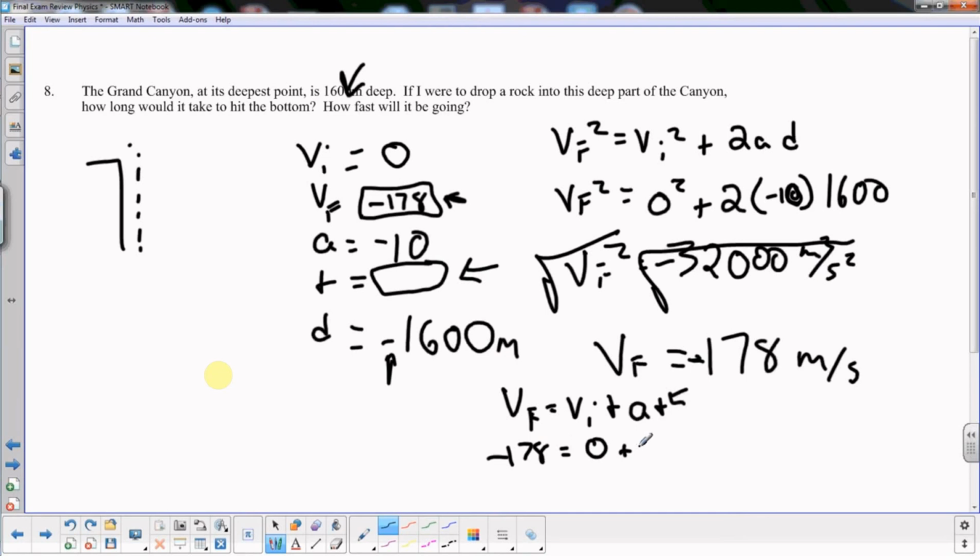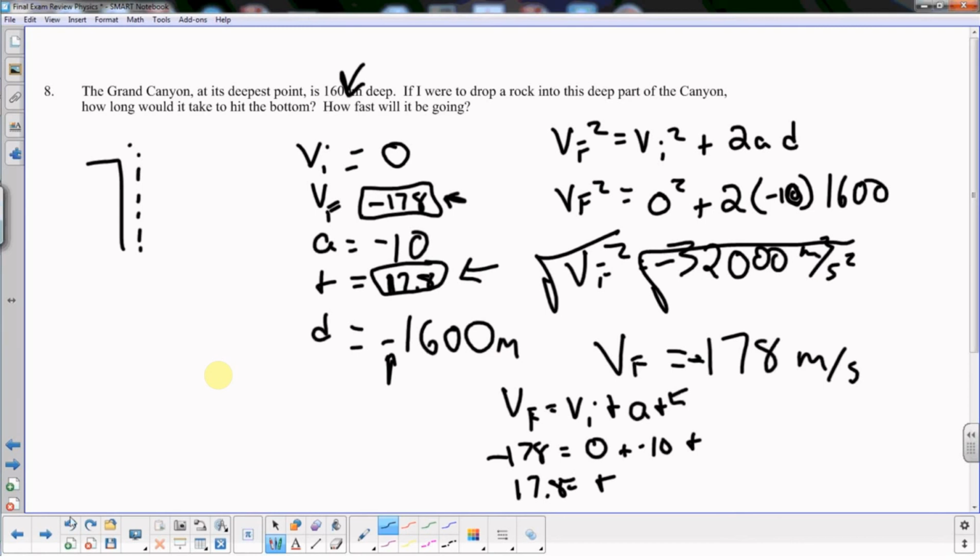The negatives cancel out, and we will be dealing with a time of, divide 178 by 10, 17.8 seconds. Fair enough? Keep going here.